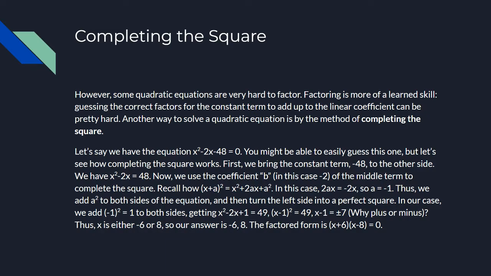So it's going to be plus or minus 7 because 7 squared and -7 squared are both equal to 49, so it really could be either of them. And x is thus equal to either -6 or 8, so that's our answers, -6 or 8. So our factored form is going to be x minus -6, which is just x plus 6, or x minus 8 equals 0.